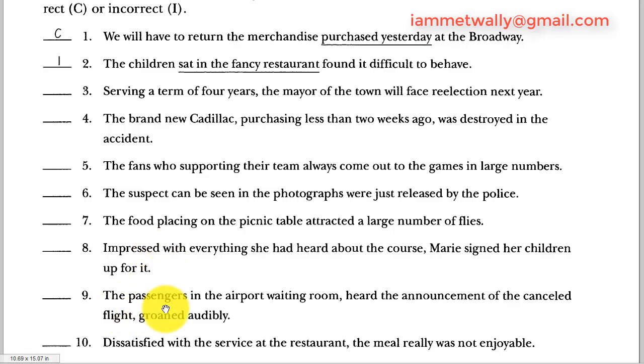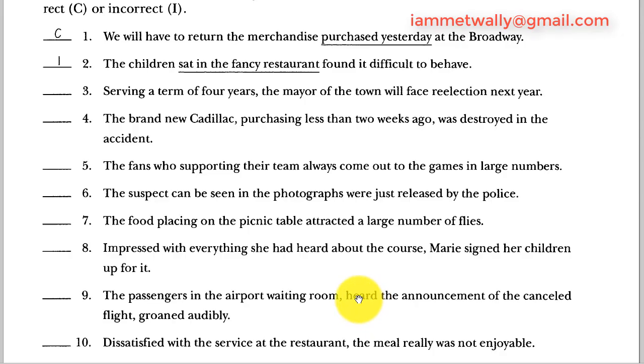9. The passengers in the airport waiting room heard the announcement of the cancelled flight, groaned audibly. The passengers, this is the subject, then I have a comma. Heard the announcement of the cancelled flight. This is the set of adjective clause, and then I have the verb groaned. Groaned is the verb for the passengers. So let's look at the adjective clause here.